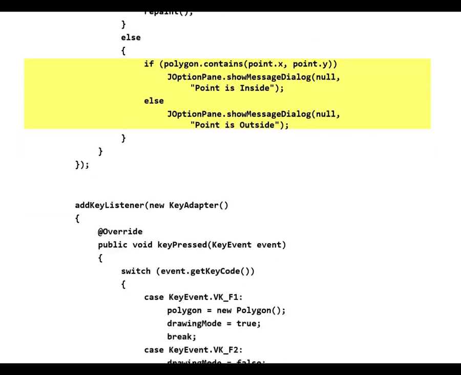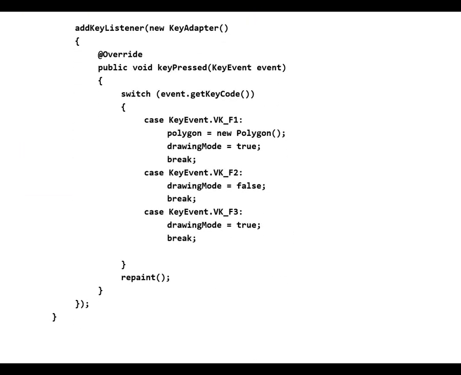Scrolling down to the event handler for key events, the call to addKeyListener is registering the anonymous object that follows as the listener for key events. As with the mouse handler, we are again using the adapter class to avoid having to provide empty methods. Because we are using function keys, we must use the keyPressed method rather than keyTyped.